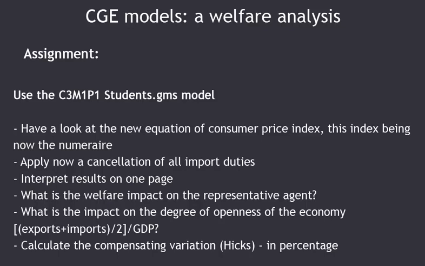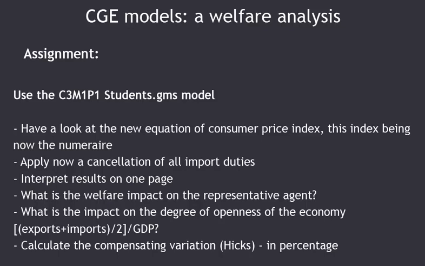In particular, I would like you to have a look at the welfare impact on the representative agent. I have in fact inserted in the model an instruction to calculate equivalent variation. But what is not inserted in the model is the impact on the degree of openness of the economy. So I would like you to calculate this degree of openness.